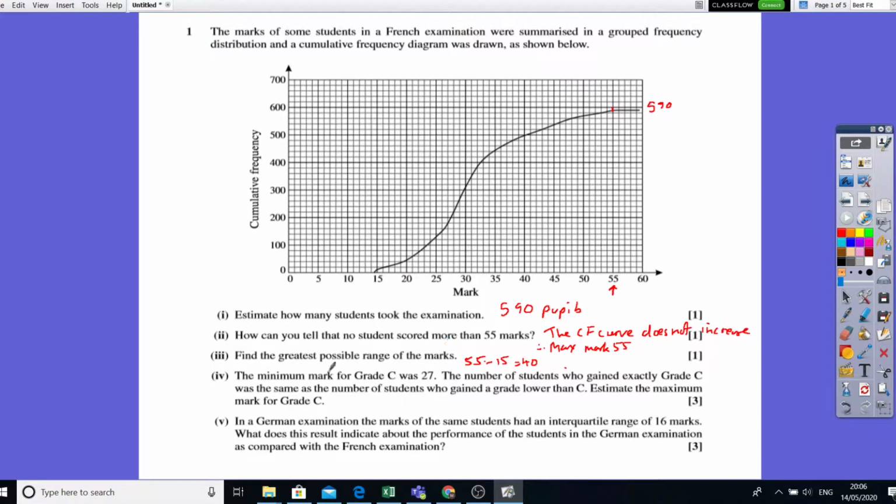Right, let's look at this. It goes here, the minimum mark for a grade C is 27 marks. So if we go to 27 marks and draw a straight line going from 27 marks, just seeing if I can do any straight lines with this.